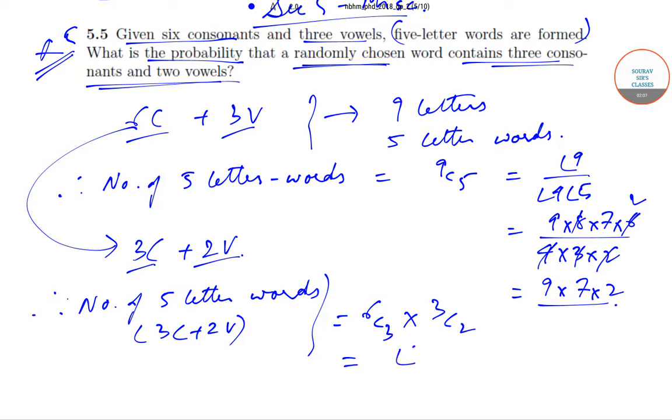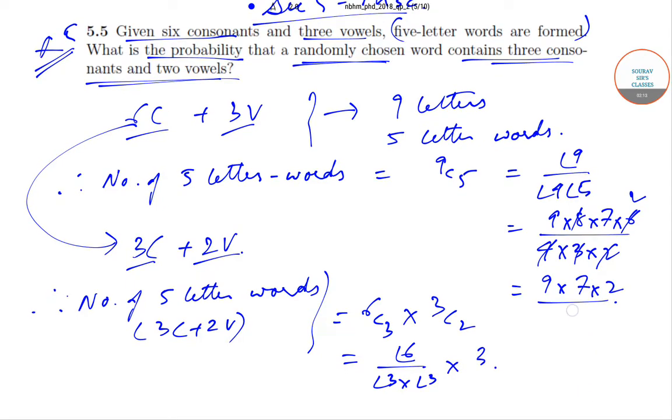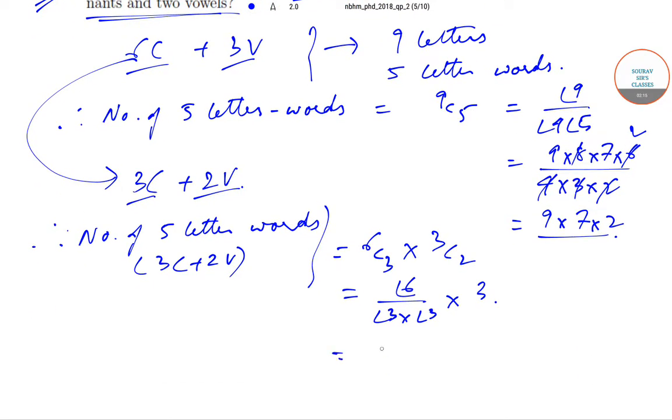This will be basically equal to factorial 6 by factorial 3 into factorial 3, into 3. So upon cancellation this will come down to 6 into 5 into 4 by 3 into 2, and there is a 3 above. So this 3 and 3 will cancel out, and this will also cancel out, so this will come down to 6 into 5 into 2.